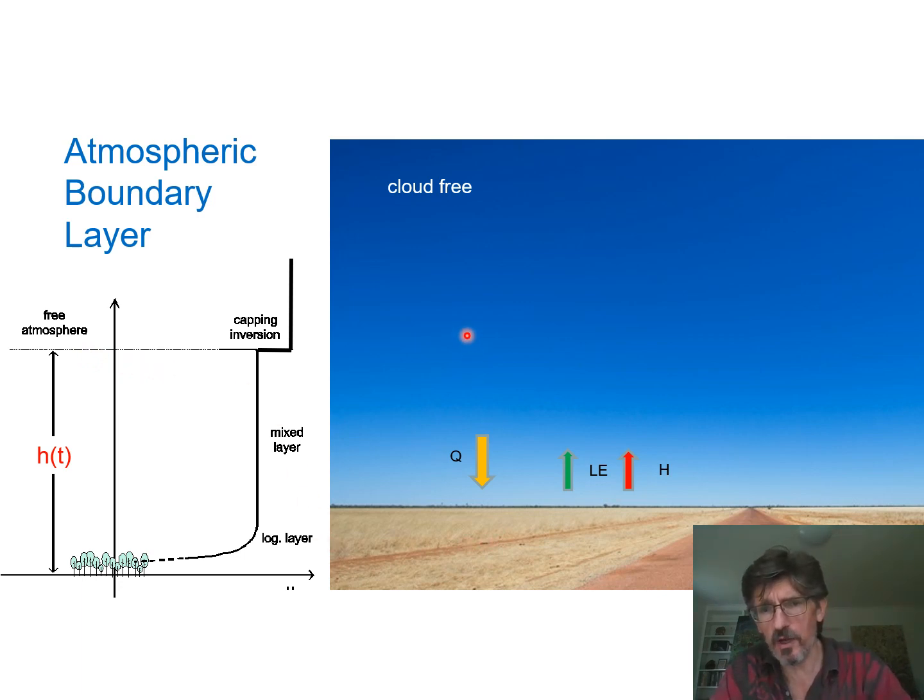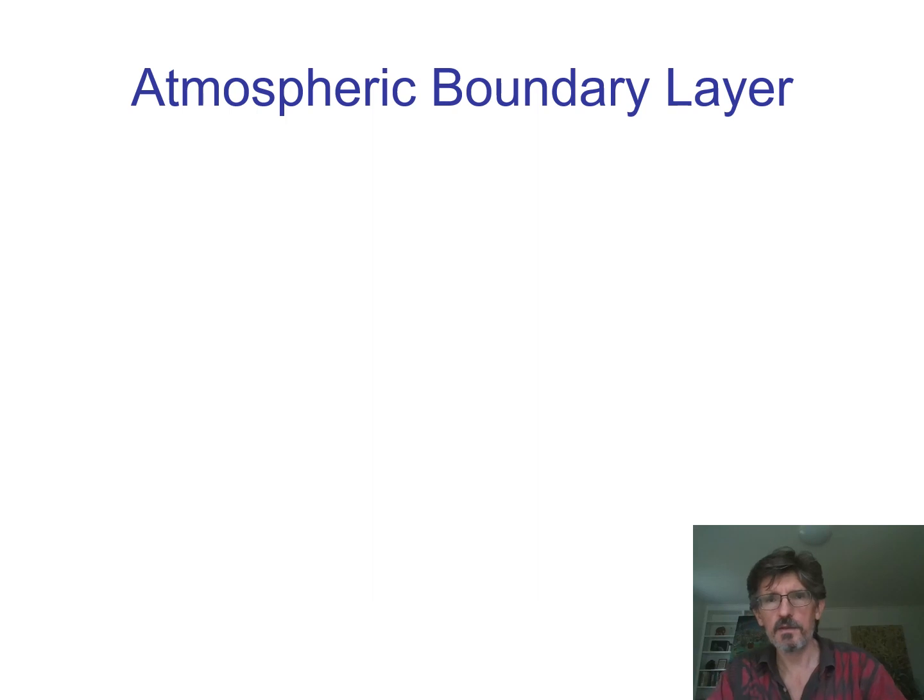Now, during the day, you have radiation coming, net available energy coming. You have latent heat flux going up if there is evaporation or evapotranspiration, and sensible heat flux H. So this is the typical energy partitioning that we have. The atmospheric boundary layer is this mixed layer that grows during the day.